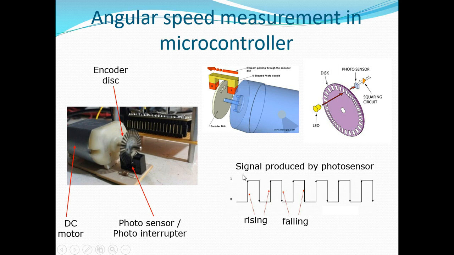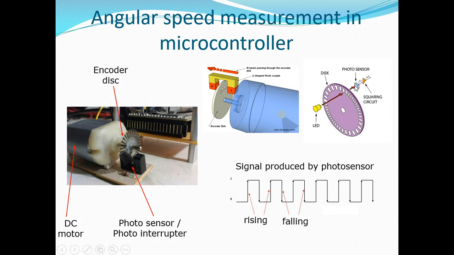Alright, this is how it functions. This is the motor, a DC motor, and here we have this. You must have this kind of encoder disc so that we can measure the speed of the disc. Actually, in the disc we have some open areas here, and then you will have an LED and a photosensor.